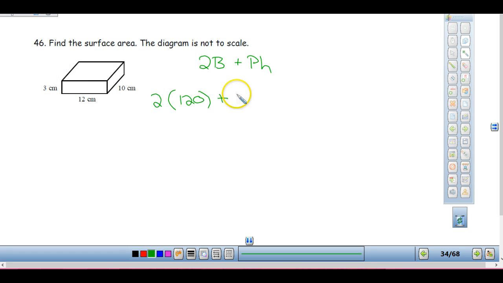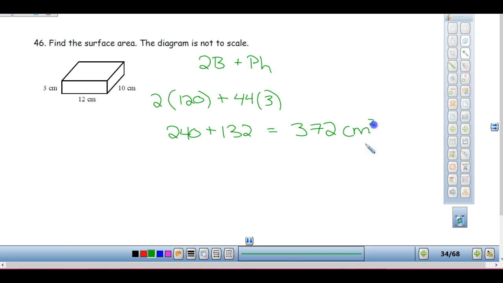So my perimeter ends up being 44 times my height. My height is my distance between my two parallel bases. So 44 times 3. So we end up with 240 plus 132 is going to give me 372 centimeters squared to find the area of my prism.